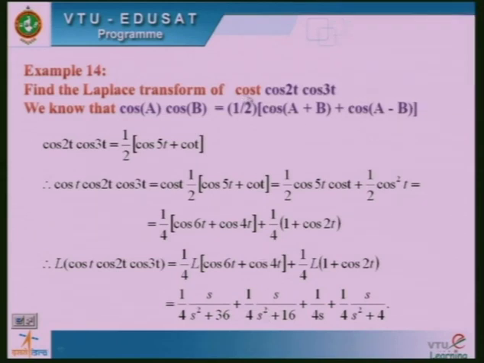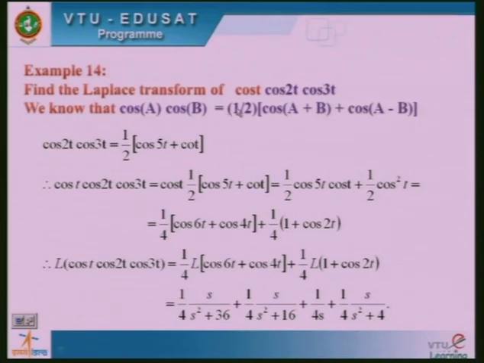So, it means again it is a function of s. Is it clear? So, instead of two functions, suppose the given function is in this form. Suppose they give a product of three functions, cos t, cos 2t, cos 3t, how do we find out the Laplace transform of this type of function? It is very simple. When we have a product of two functions, in that case you can use the cos a cos b formula, because all the functions are cos t, cos 2t, cos 3t.